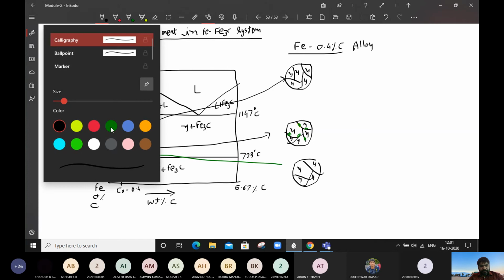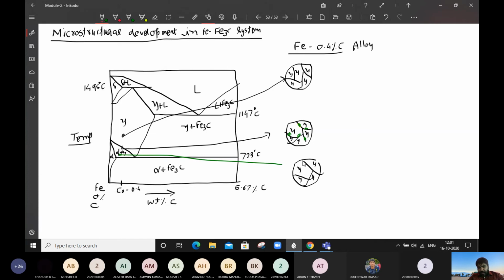This is the way the alpha will grow. The entire boundary will consist of alpha now. This is the alpha at the boundary, and inside is gamma. So this will grow and take all the boundaries. This is the way the alpha will grow when you cool it further.